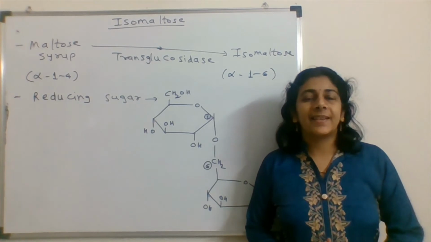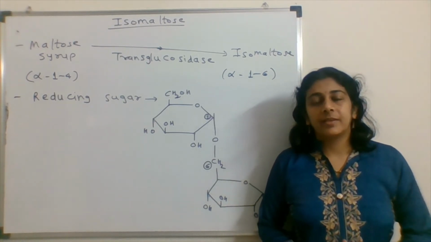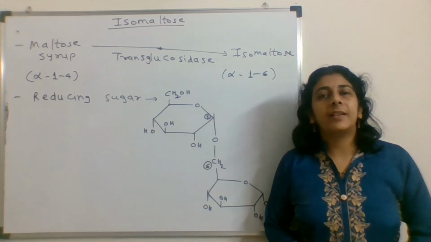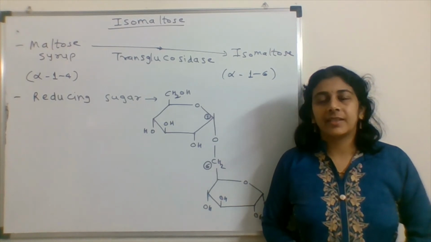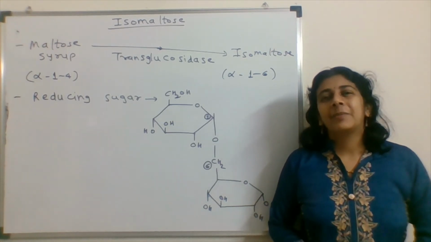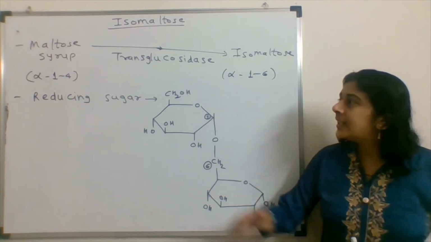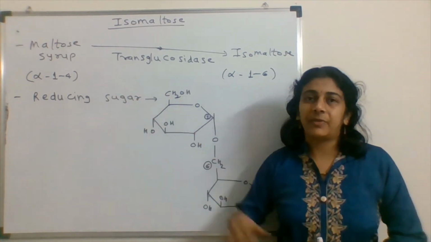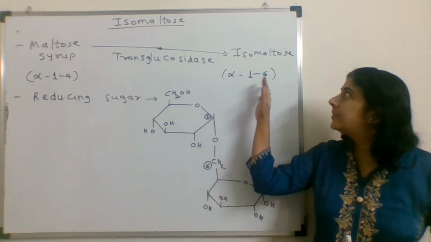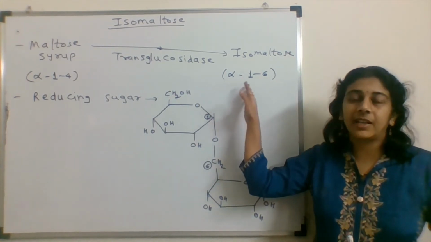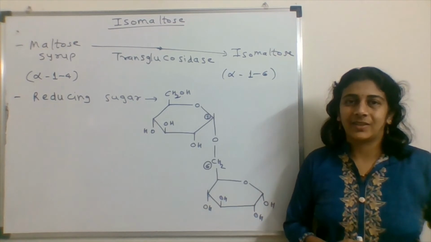The next disaccharide is isomaltose. This is also a disaccharide made up of two glucose units, just like maltose. But there is a difference in the glycosidic linkage. In case of maltose, it is having alpha 1,4 linkage. In case of isomaltose, it is having alpha 1,6 linkage.